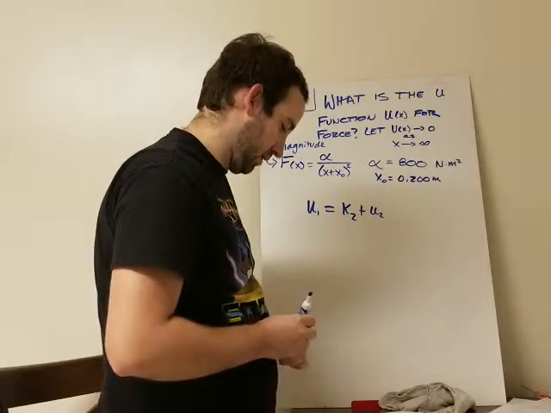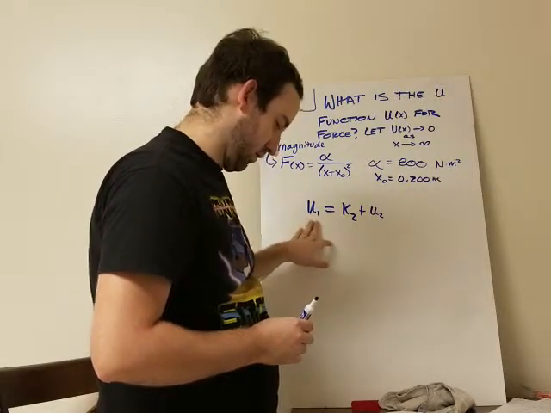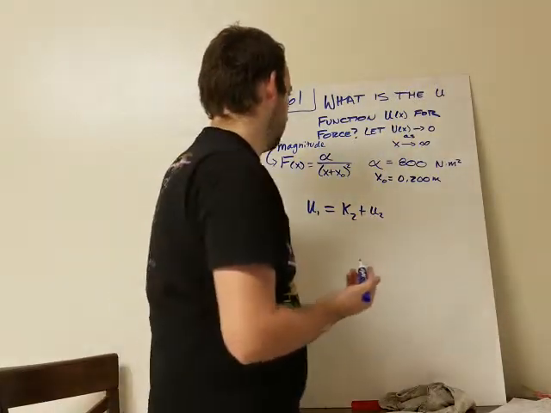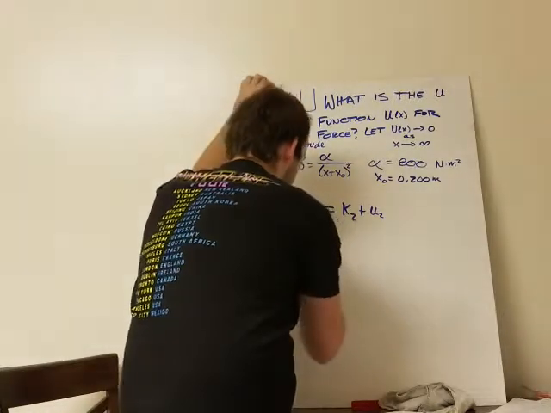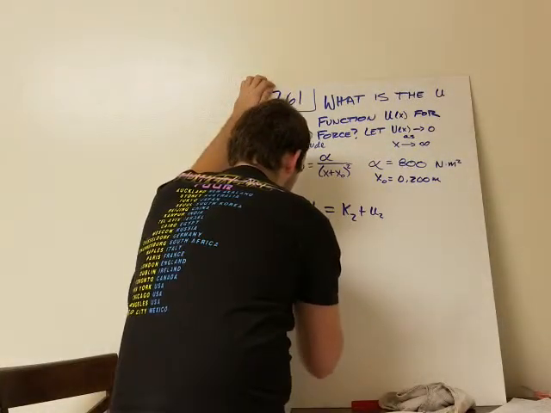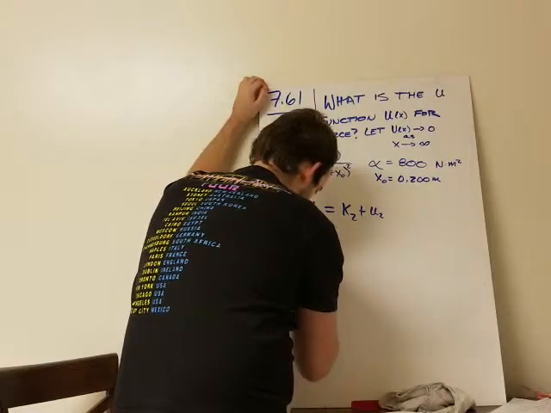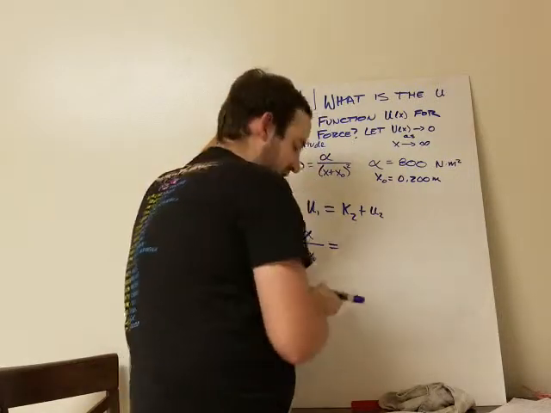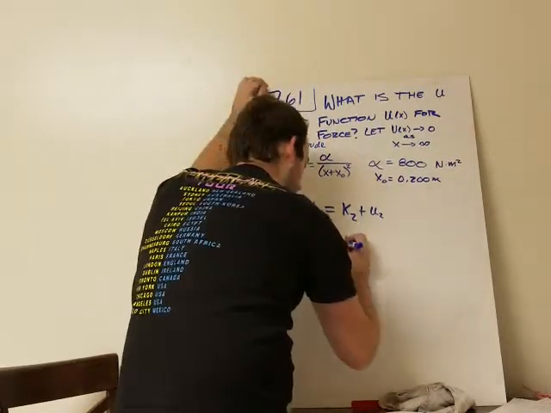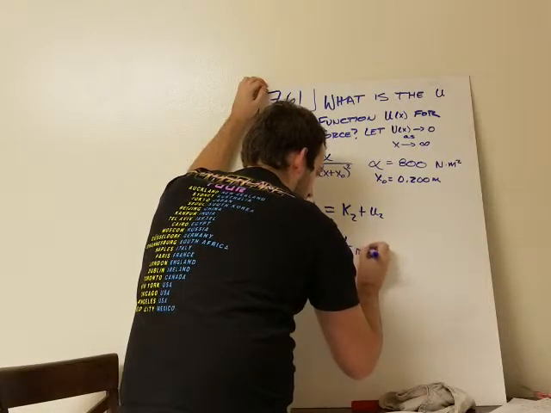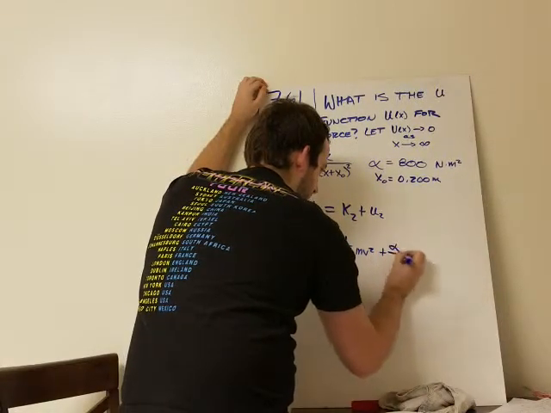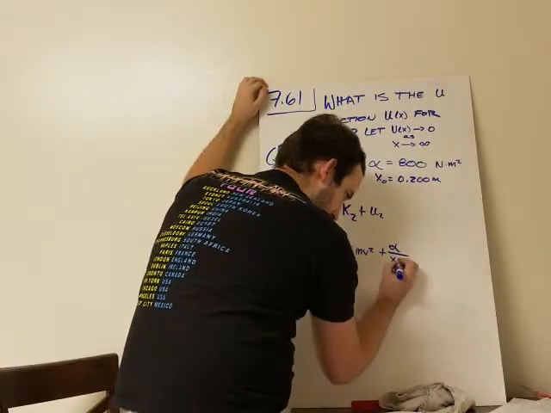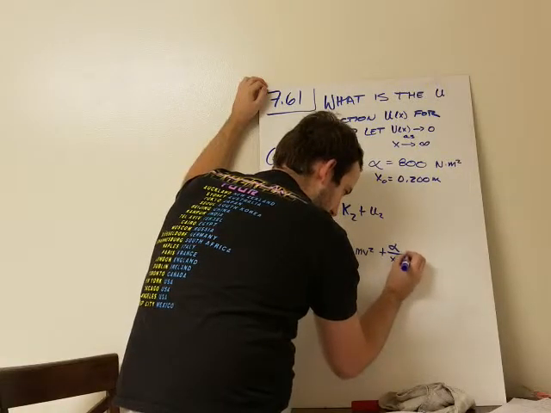We can plug in for both of our U's, using the u of x that we found in the last step. So alpha over x1 plus x naught equals, and then K2 we know equals 1/2 mv squared plus alpha over x2 plus x naught.